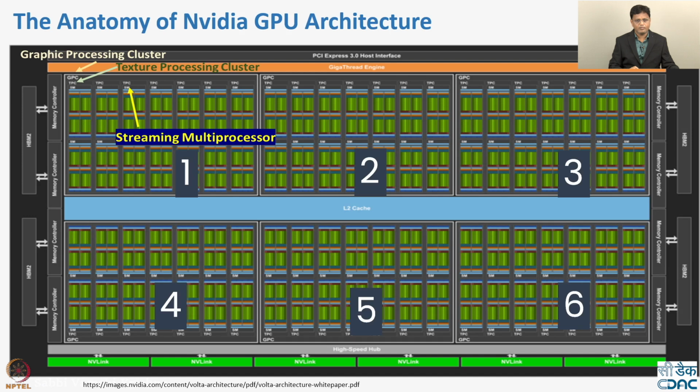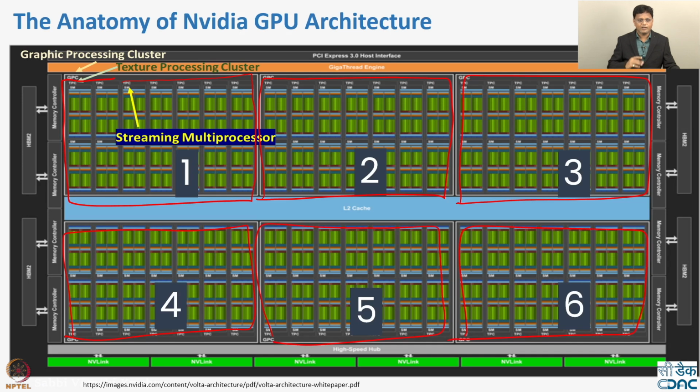Here I want to tell you about the organization of compute cores on the GPU. If you are able to see these blocks, this is one block, similarly this is a second block, this is a third block, this is a fourth block, and similarly fifth and sixth block.